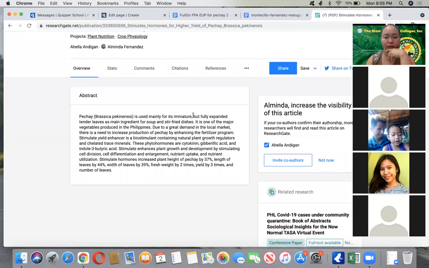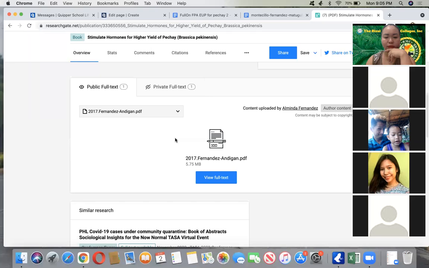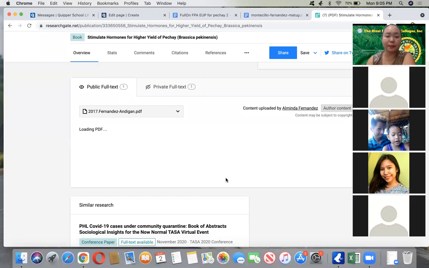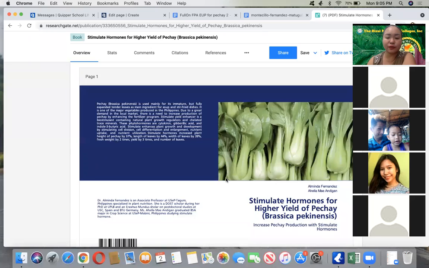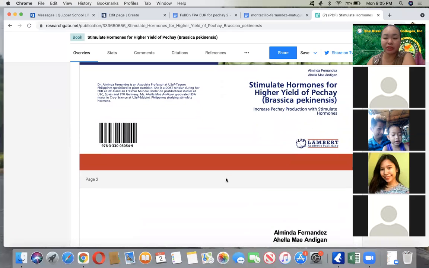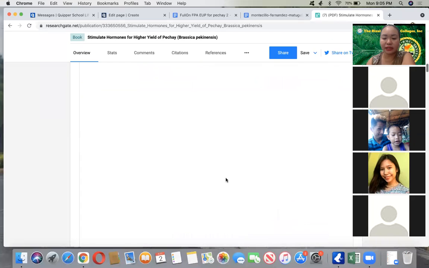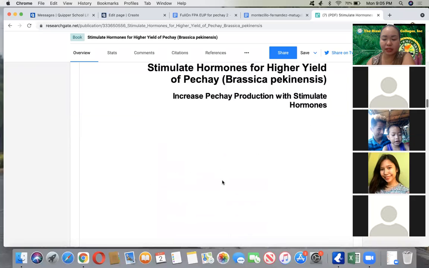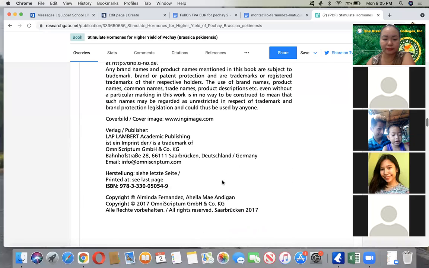Okay. View full text. So this is the sample full manuscript, although this is published in a book, but this is just the whole sample.